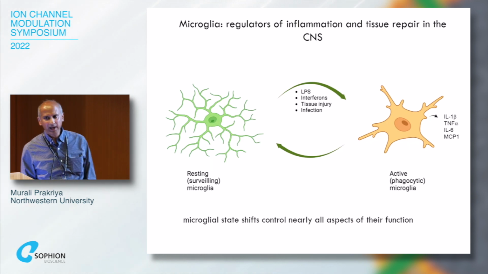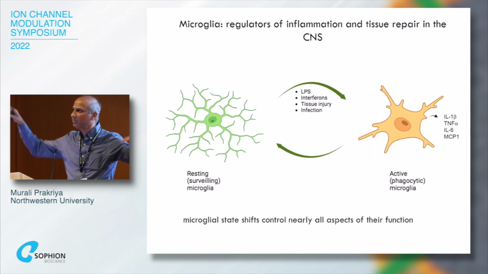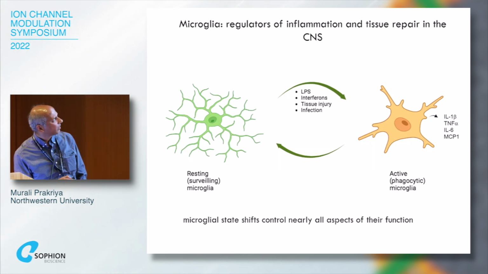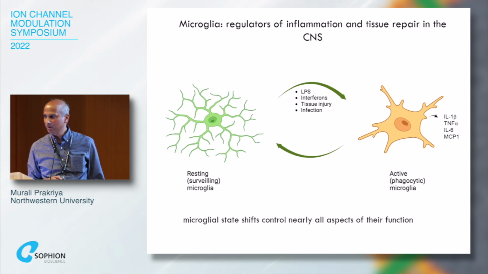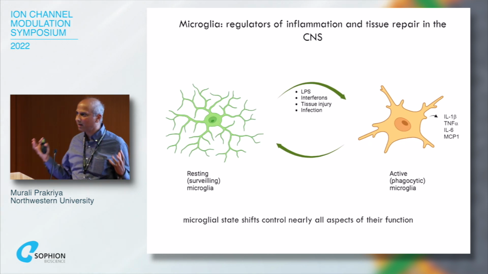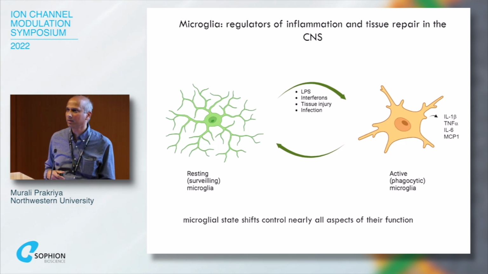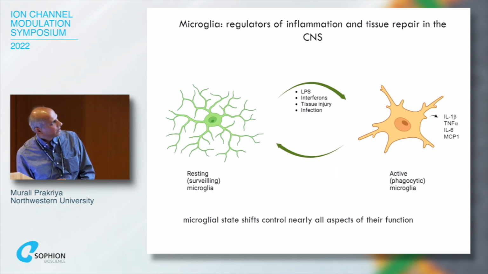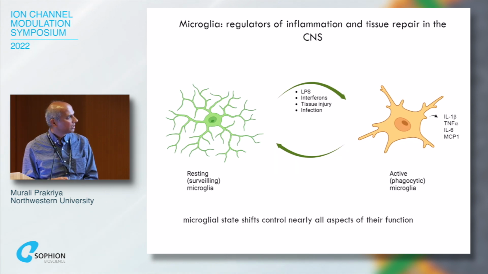In the resting state, they have a ramified morphology with long processes and a small cell body. But following activation in response to a variety of stimuli, like stimulation of TLR4 receptors, for example, or following tissue injury, they can adopt an activated or phagocytic state, depending on what they're doing, wherein the cell bodies swell up and they retract their processes.